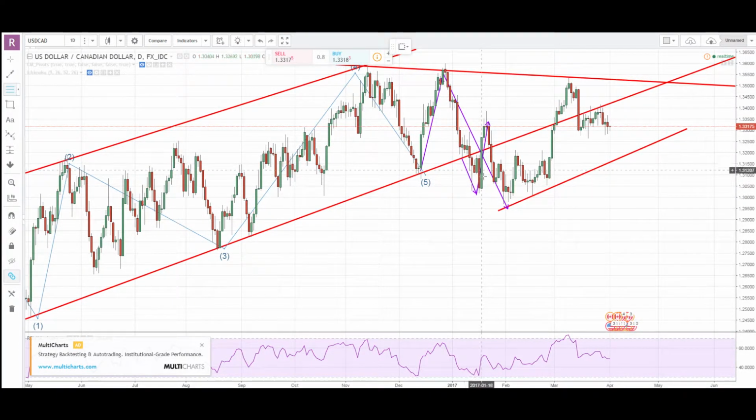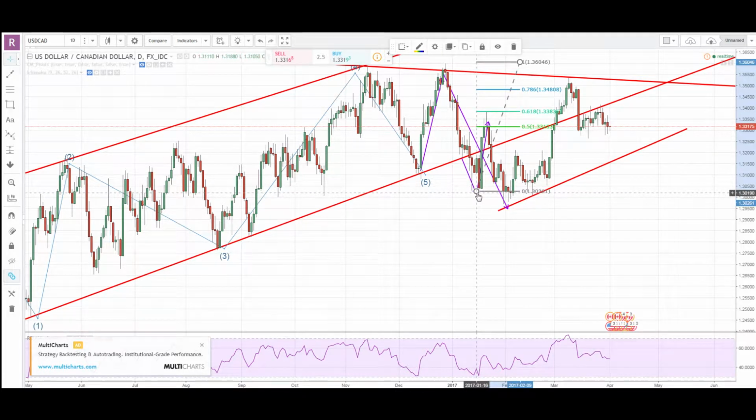Look where it retested. Swing low, swing low, swing high, retested. 0.618 fib, went down. Cool. Retested again.